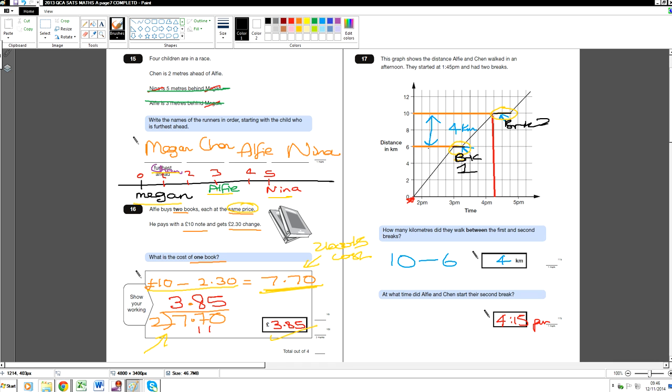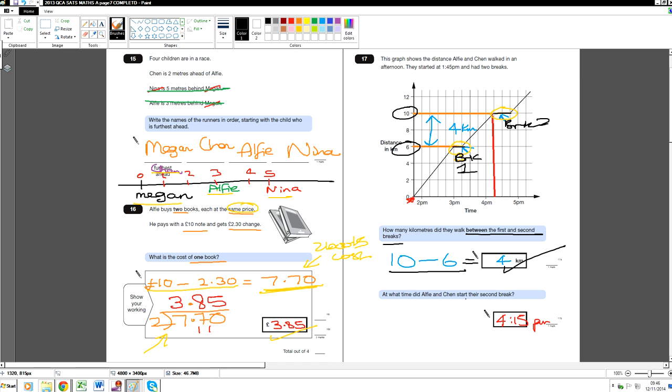I drew a line across to 6 and I drew a line across to 10. So we have to work out the distance between these two, because here's the first break, here's the second break. So it'll be 10 kilometers minus the 6 kilometers, which is here, equals 4 kilometers done.